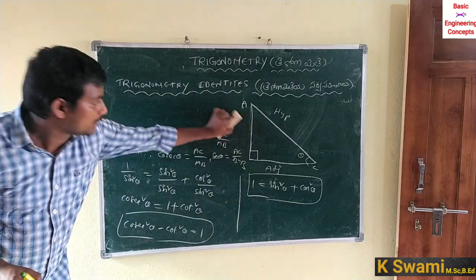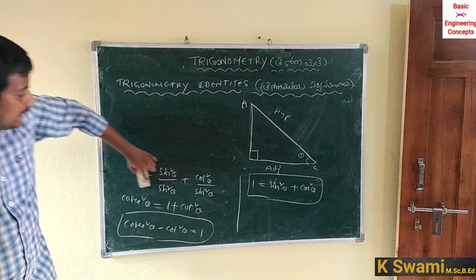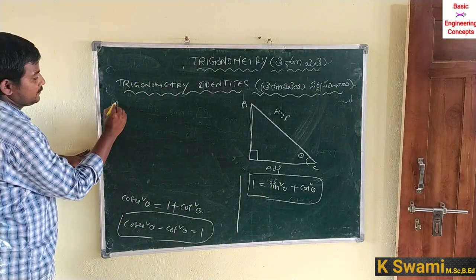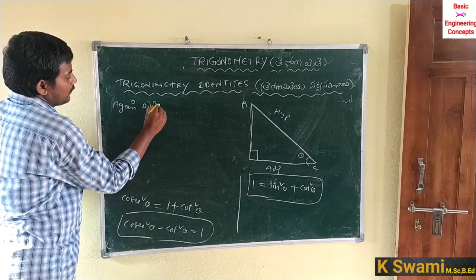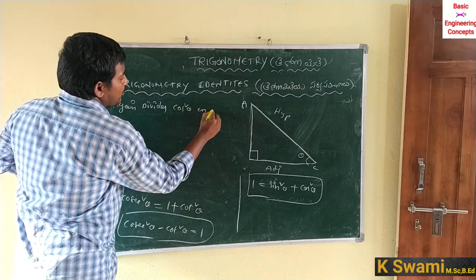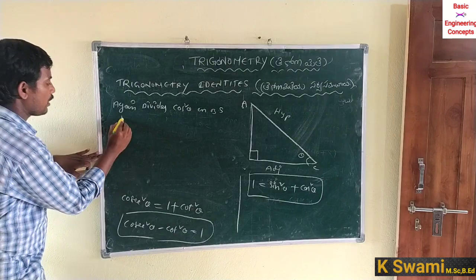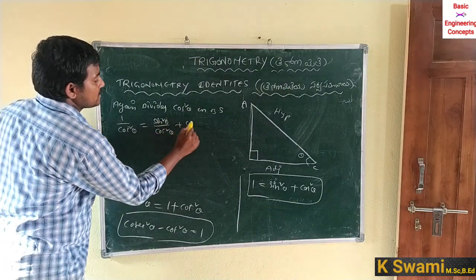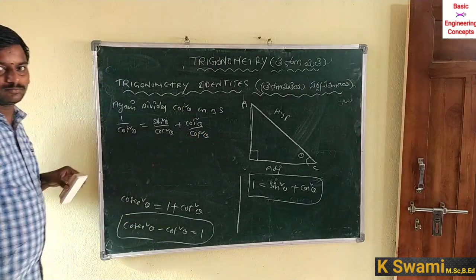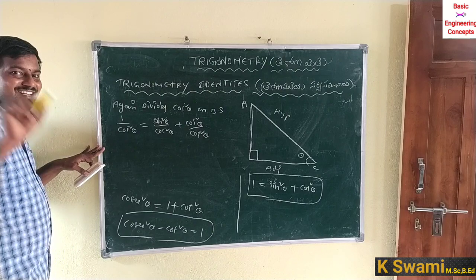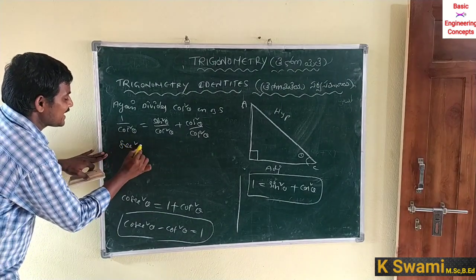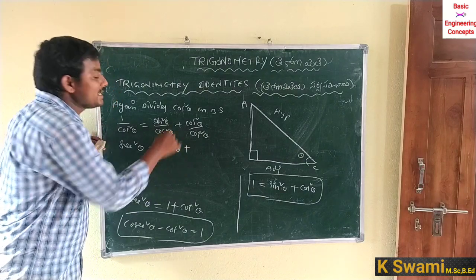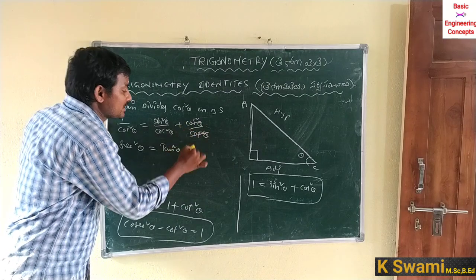Finally, cosecant square theta minus cot square theta is equal to 1 is another identity of trigonometry. And the final identity: again divide both sides by cos square theta. So 1 by cos square theta is equal to sin square theta by cos square theta plus cos square theta by cos square theta. 1 by cos theta is secant theta, so 1 by cos square theta is secant square theta. Sin theta by cos theta is tan theta, so sin square theta by cos square theta is tan square theta, and cos square theta by cos square theta is 1.